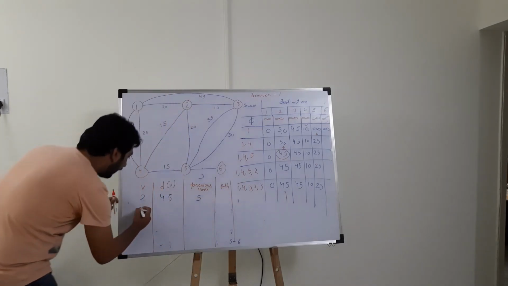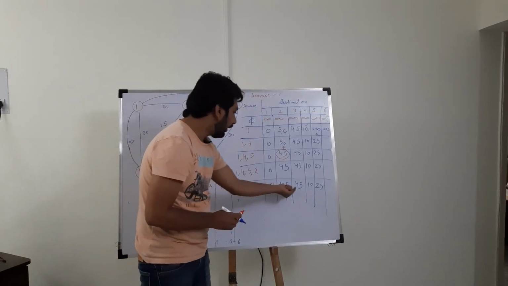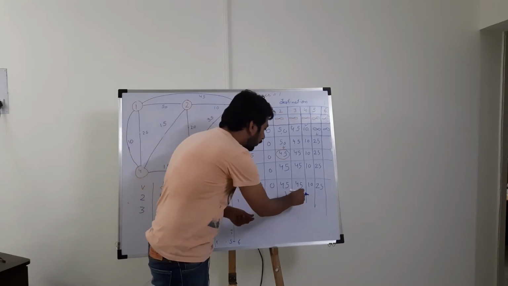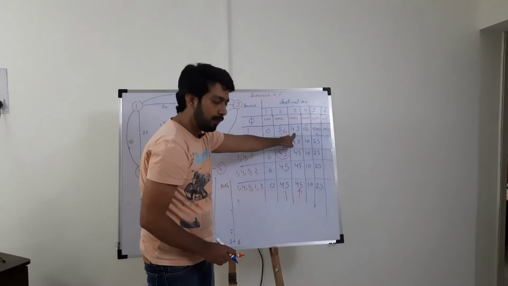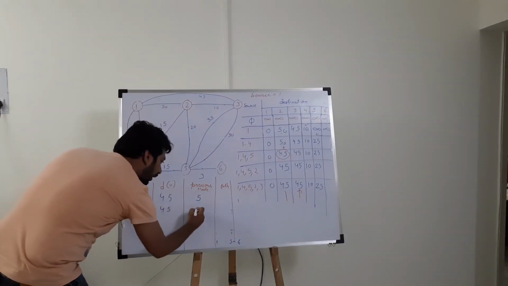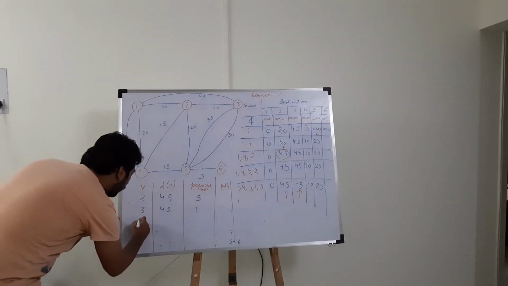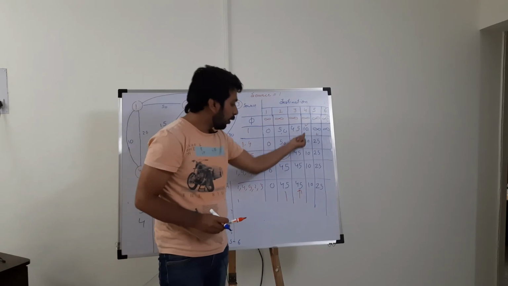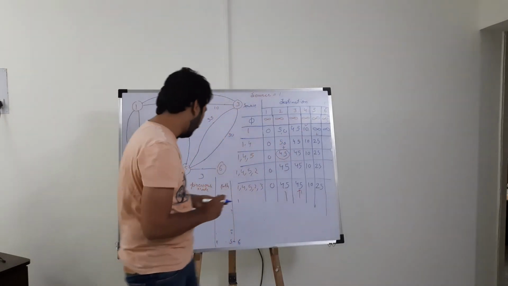Now next node we can take 3. Now 3 minimum cost is again 45. It is never changed. That means it is directly connected with 1. So cost is 45 and it is directly connected with 1. Next node is 4. 4 minimum cost is 10, which is never changed again. So it is directly connected with 1.